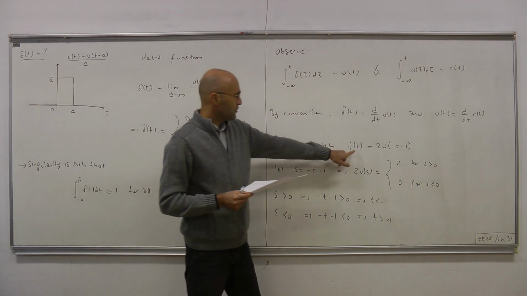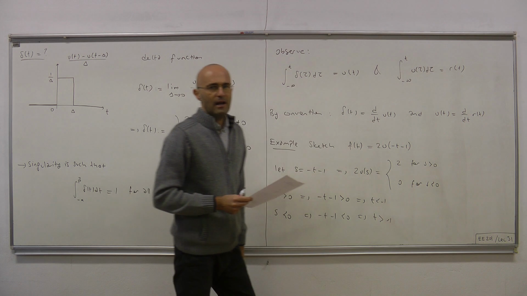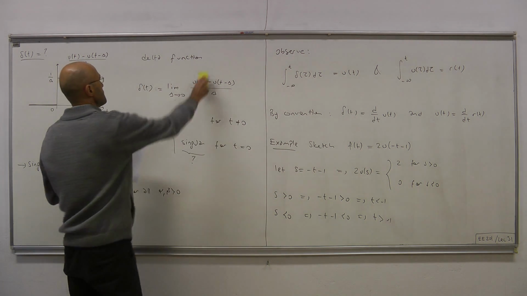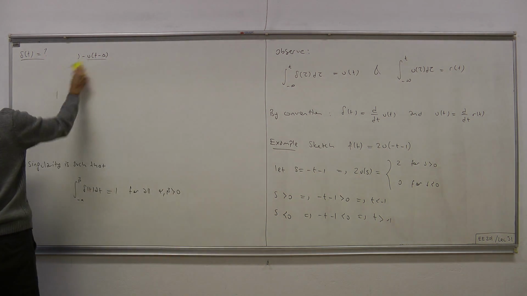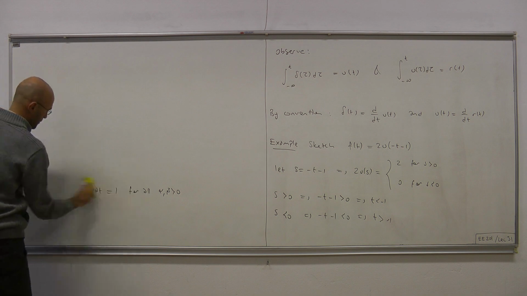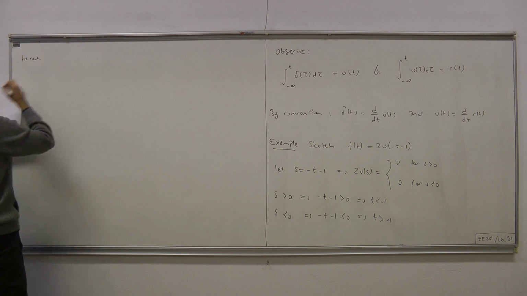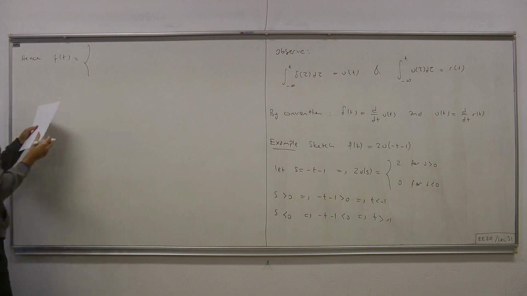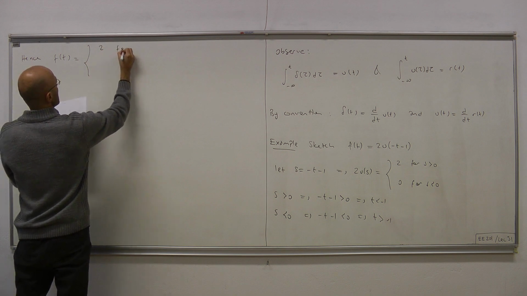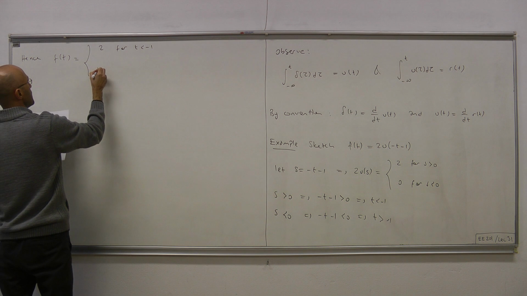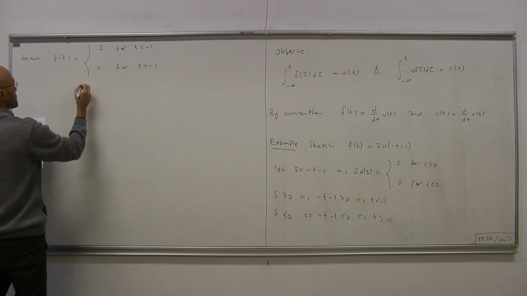Okay, so f of t therefore is 2 when t is less than minus 1 and 0 elsewhere. Okay, hence f of t can be described in this piecewise fashion: 2 for t less than minus 1 and 0 for t larger than minus 1.